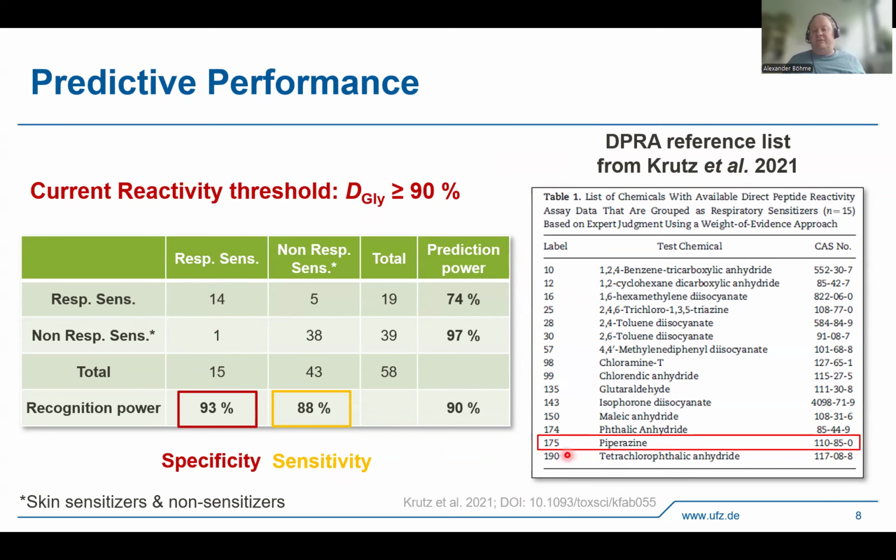Piperazine as such is not reactive, but it needs some metabolic transformation to become reactive and to become a respiratory sensitizer. This transformation cannot be mimicked by our assay, but this is not unexpected. This is a very general problem, a known issue with in chemico methods. But as you can also see in the table, many of the non-respiratory sensitizers are correctly classified as non-respiratory sensitizers.